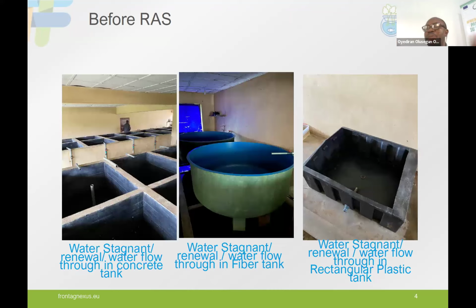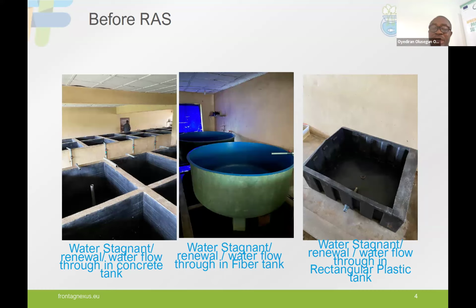Now, before we practice our RAS system, we have some systems that we use. Basically, most of these systems work on inflow of water, outflow of water, dissolved oxygen, and getting out the waste. Now, from the first slide, this is a reinforced concrete system that uses water inflow and water outflow.